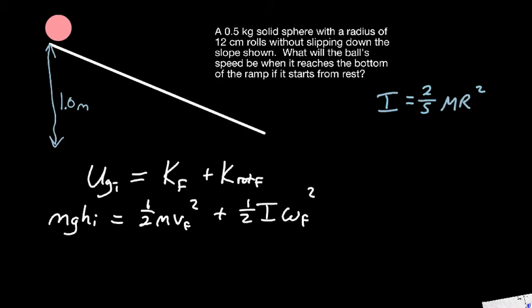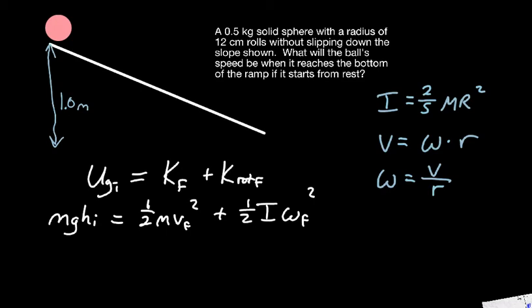So when we have that state, we can say that our linear speed is equal to omega times r, the angular speed times the radius. So we can rewrite that as omega equals v over r. I still don't know v, but that's okay. That's the variable I'm looking for at the end here.